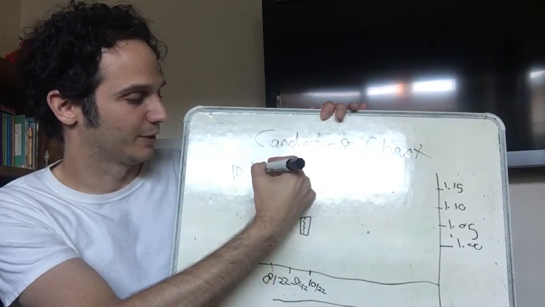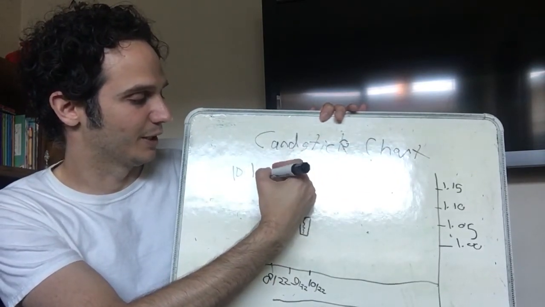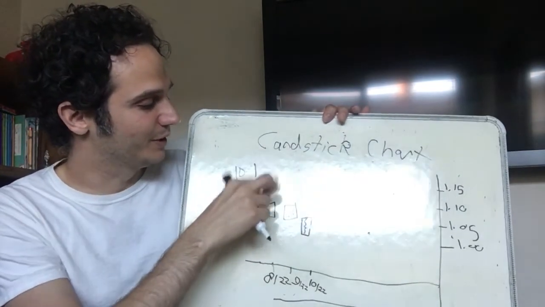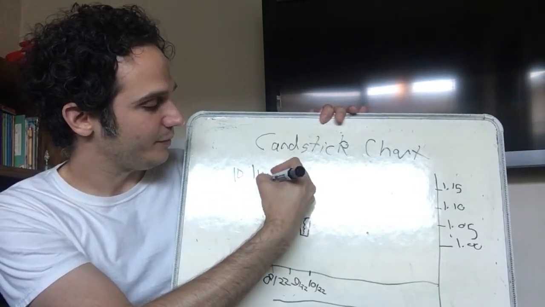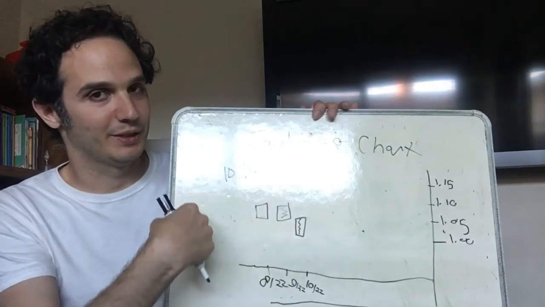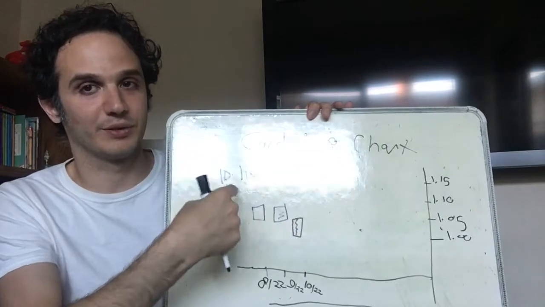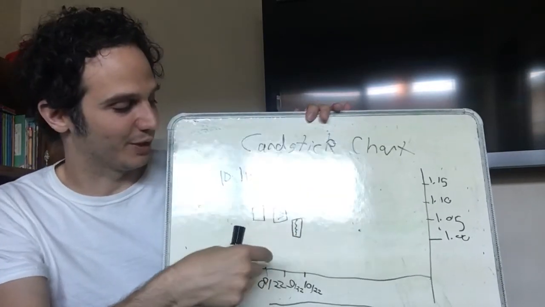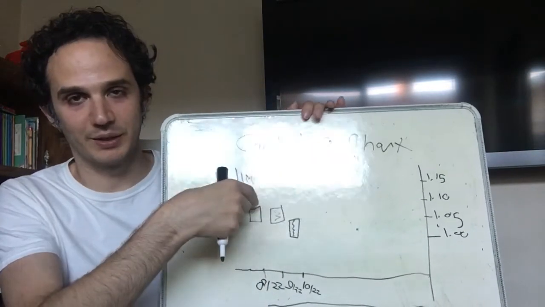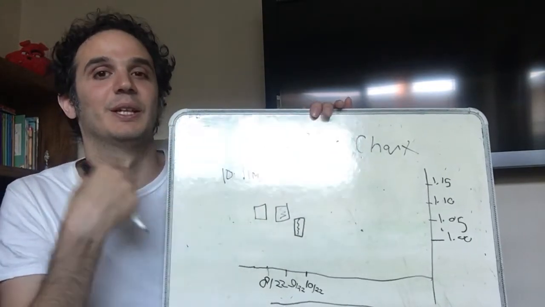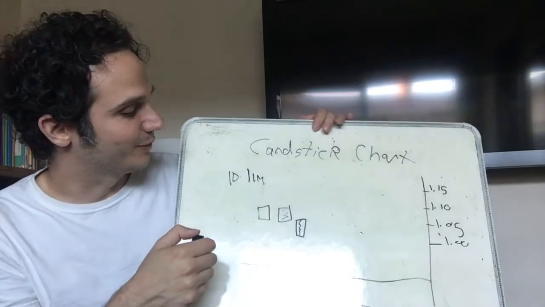It could be a 1 hour chart or a 1 minute chart. If you're looking at it within a day, that would be considered the intraday chart. And if you're looking at a daily chart, like the 1 day, 1 month, that would be considered the daily chart.